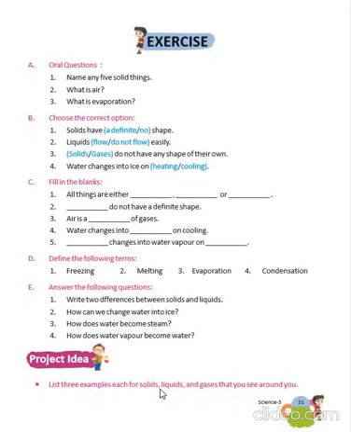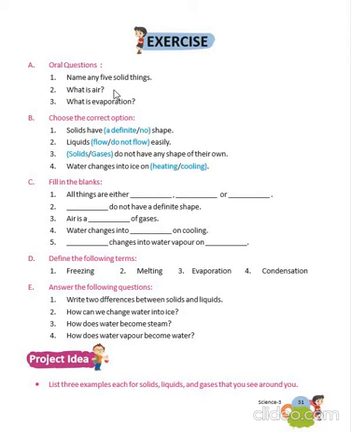Now come to exercise. Come to A, oral questions. Here in this we have to name any 5 solid things. So these can be any 5. Table, chair, pencil, book, brick. Now what is air?